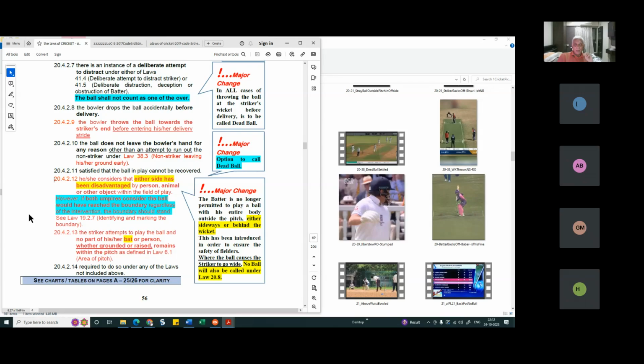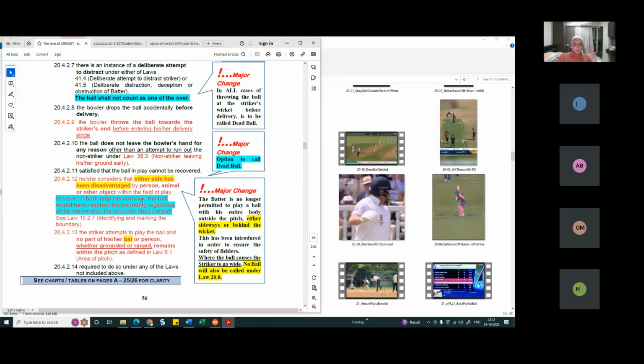But that particular law has to be used in tandem with this law, where you feel that either side has been disadvantaged by the person, animal, or object within the field of play. You should call dead ball.